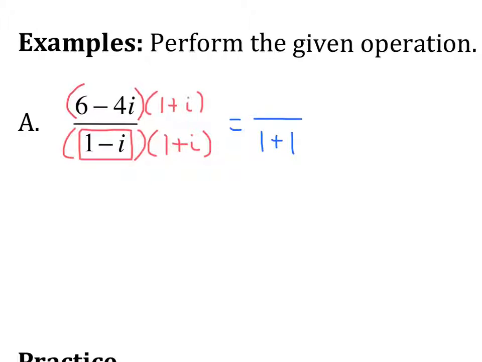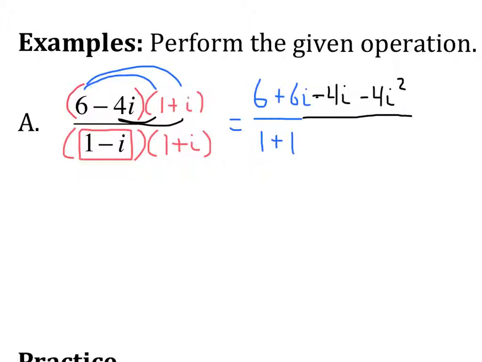The numerator, I get a 6. I get a 6i. Then I get a negative 4i, and that's a minus, and a negative 4i squared. Extend your vinculum so it covers the whole thing. And now I can simplify right here.